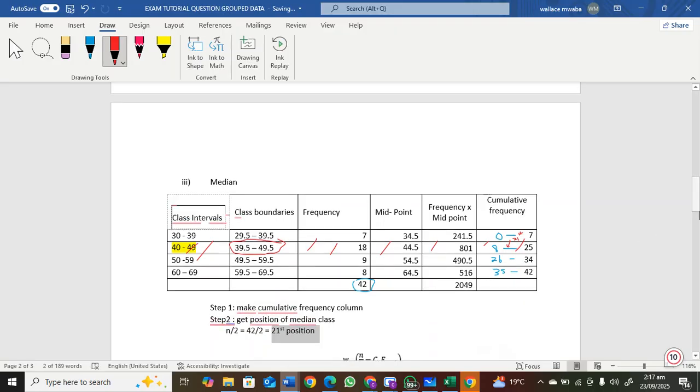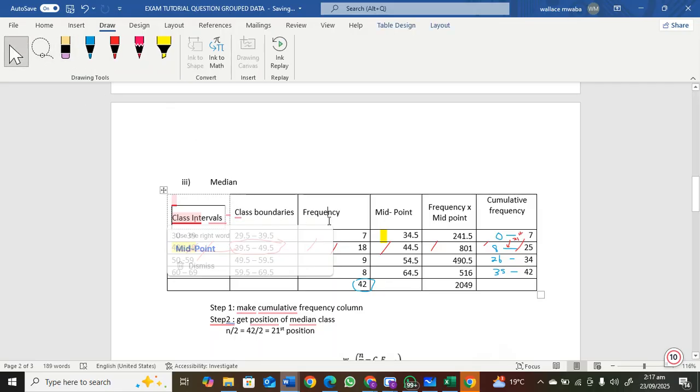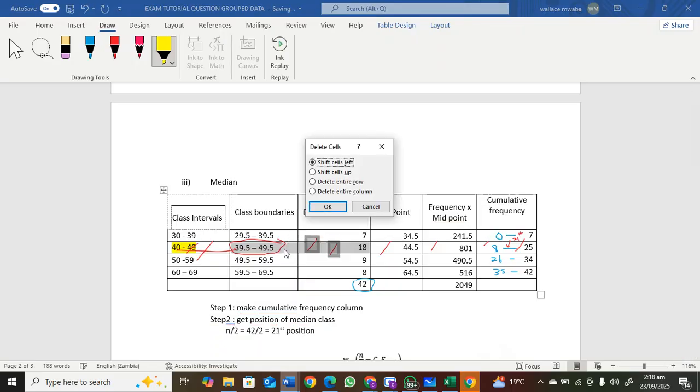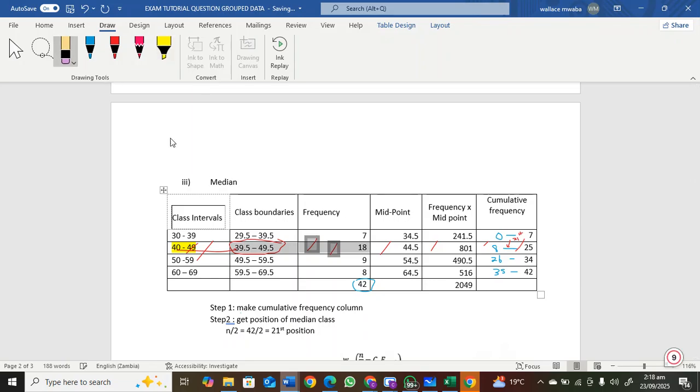Okay, so once you found the median class, our median class was found in the 21st position in this class.